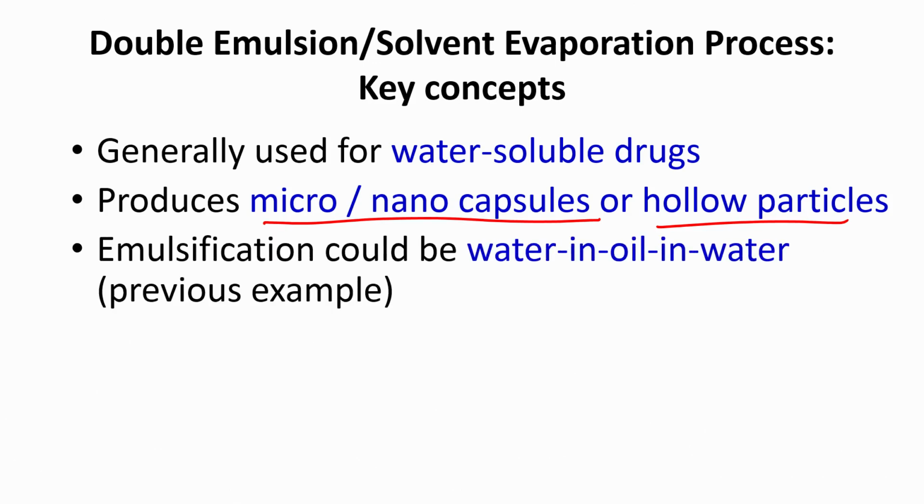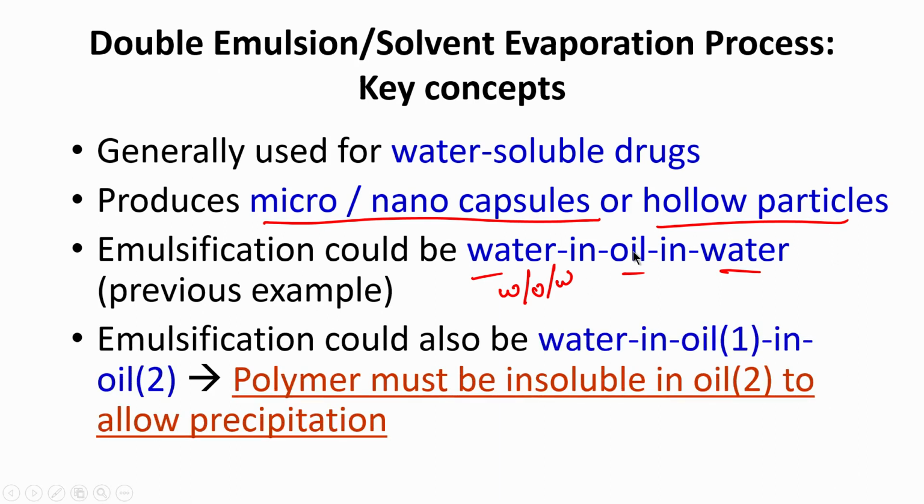As I said, this emulsion could be called water in oil in water. Typically you will find this written as W/O/W, and again this is not really limited to this. This emulsification could also be water in oil in oil. It does not have to be that the external phase has to be water, you just have to ensure that between the two oil phases the polymer is only soluble in one of the oil phases.